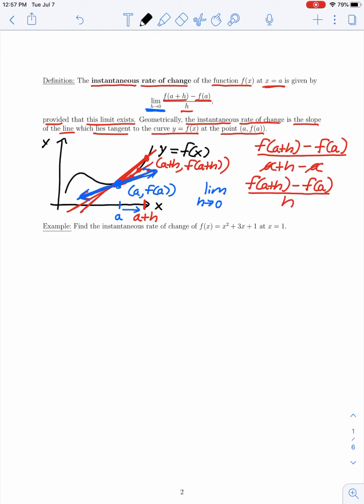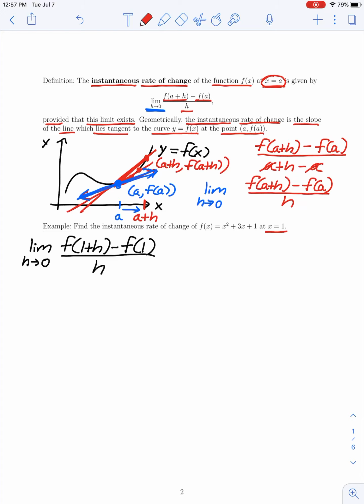By definition, the instantaneous rate of change at x equals 1 would be the limit as h approaches 0 of f of 1 plus h minus f of 1, all over h. Why are we using a as 1? Well, here we're looking for the instantaneous rate of change at x equals 1. In general, our formula was for x equals a, so a is 1 in this example.